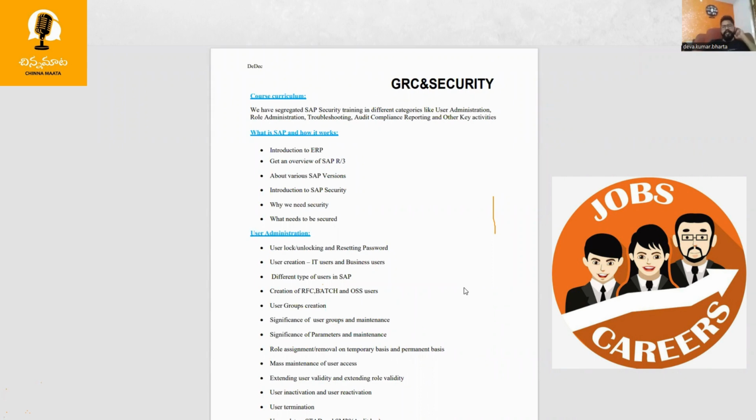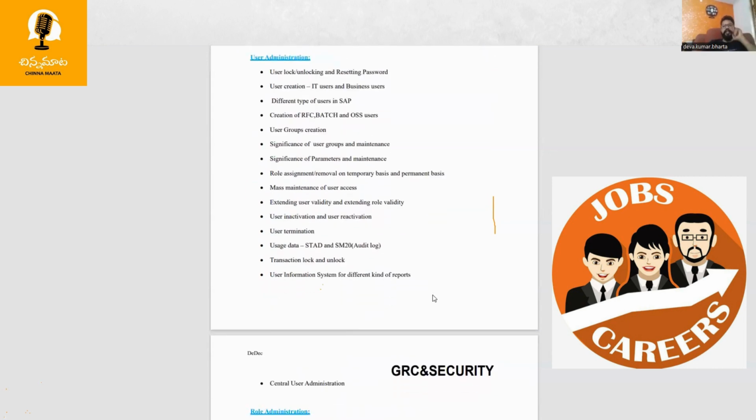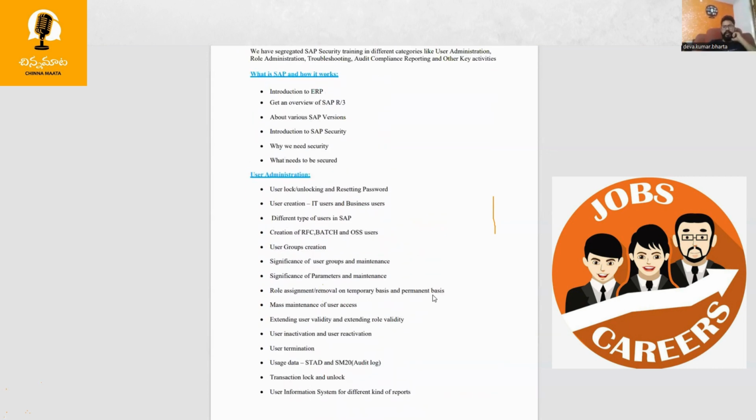So that restriction we will be setting. Whoever is logging into the system, we will be observing what he is doing, whether he is a capable and responsible person to perform that activity or not. If not, we will restrict that access. So without our permission, nobody, even the CEO of the company, can log into the system.